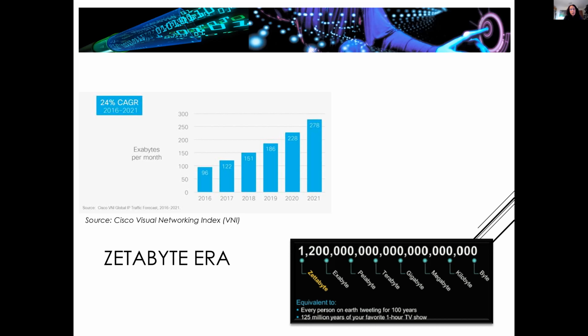While the traffic we exchange increases per month by more than 200 exabytes. So basically, we see and we share much more than we can actually say.